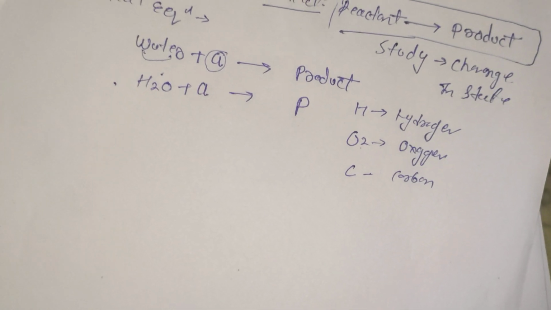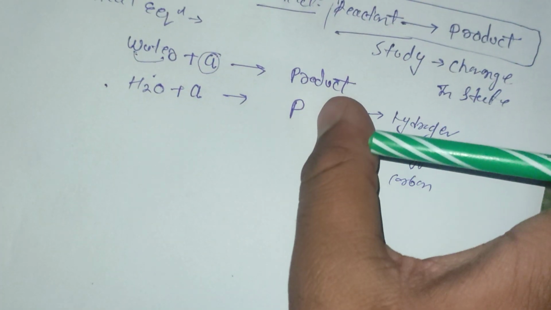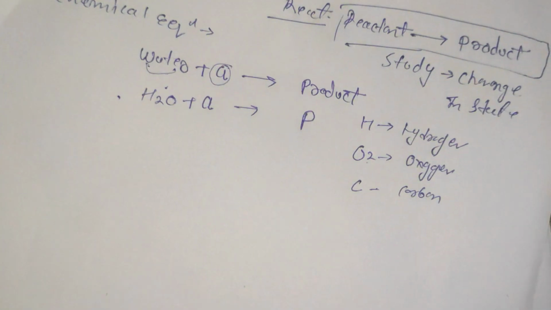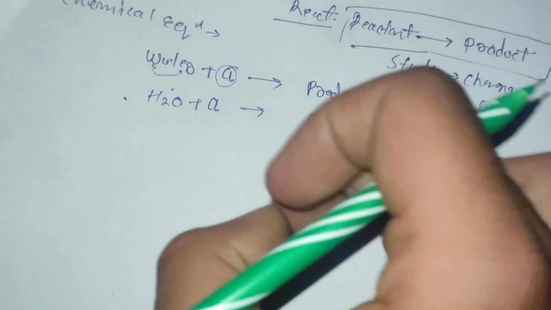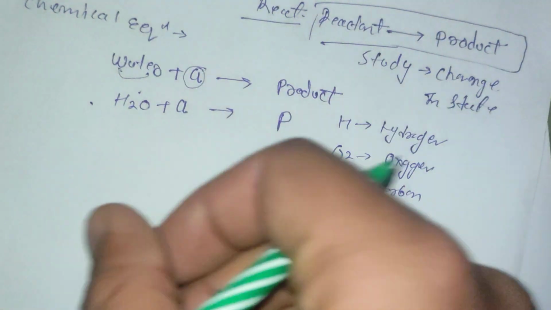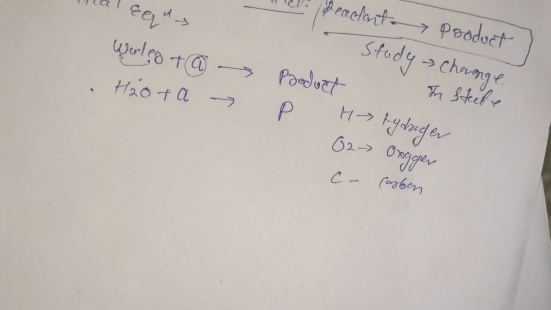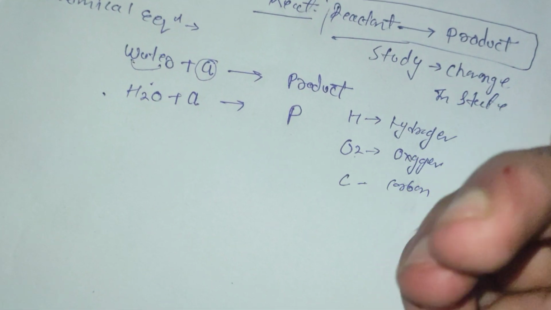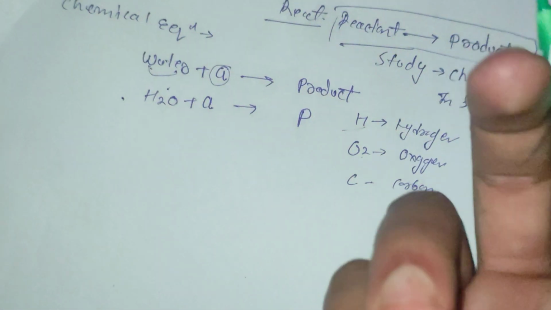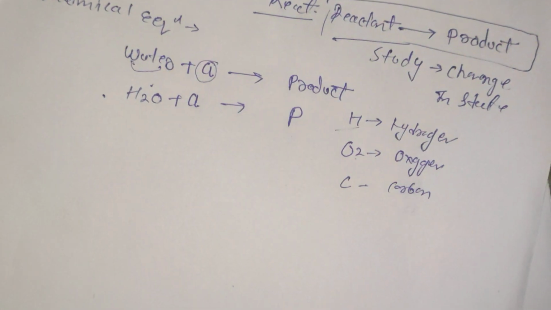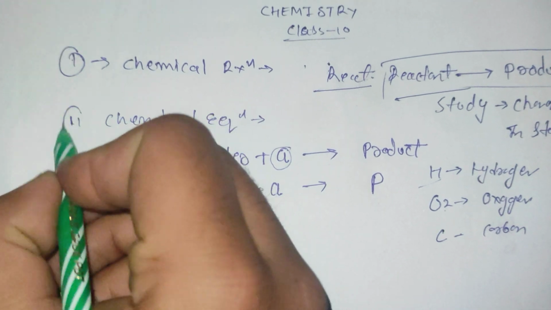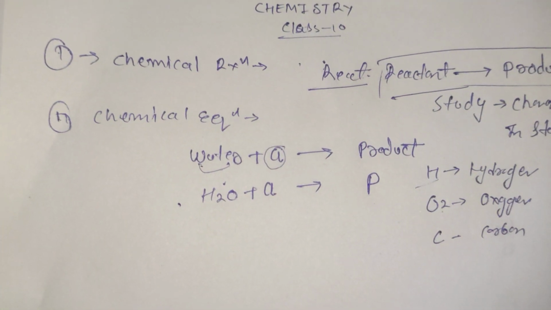We introduce each whole term in a single form. So instead of writing that hydrogen reacts with oxygen and carbon, hypothetically, and we get the product, we use symbols like H, O, A, B, C. These are the simple ideas of what a chemical reaction and a chemical equation are.